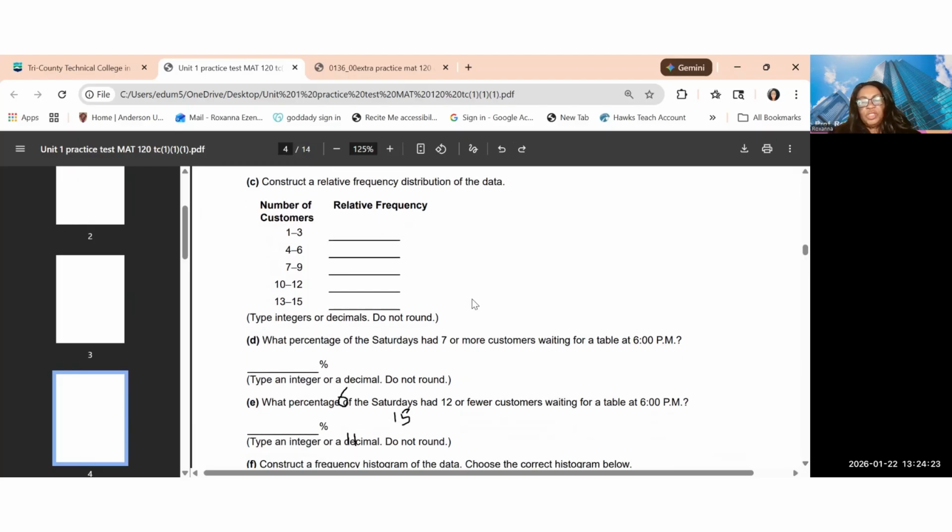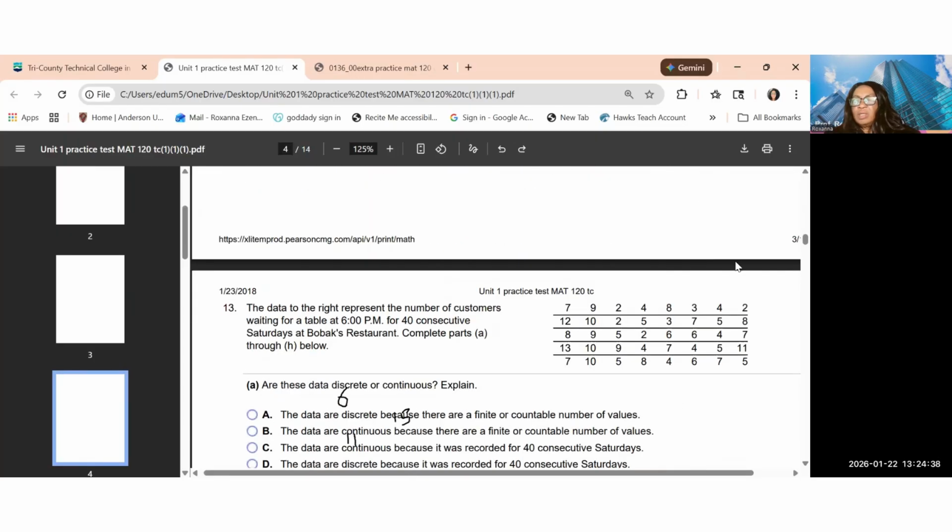When you finish, you answer the question: what percentage of Saturdays has 7 or more? Before you answer that, you should know the total. The question says the data represents the number of customers waiting for a table at 6 p.m. for 40 consecutive Saturdays.